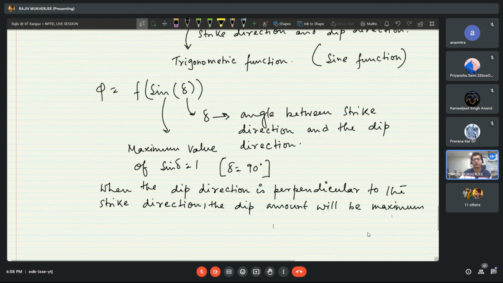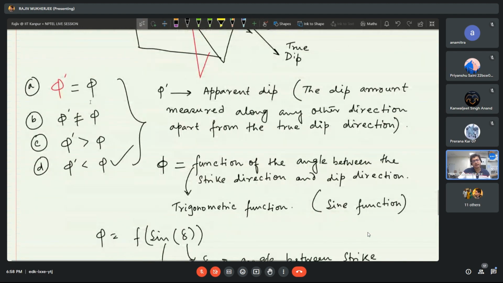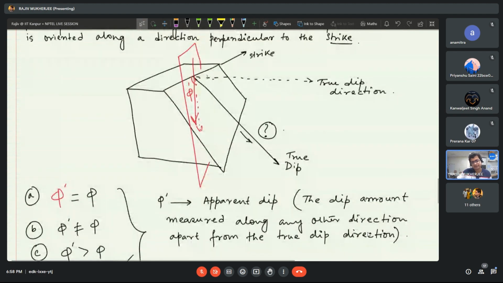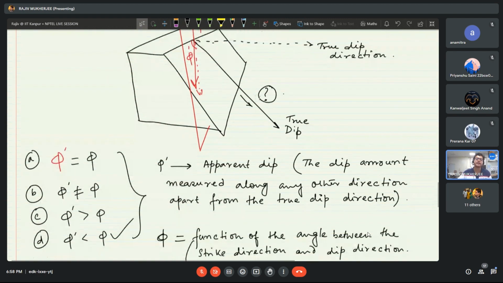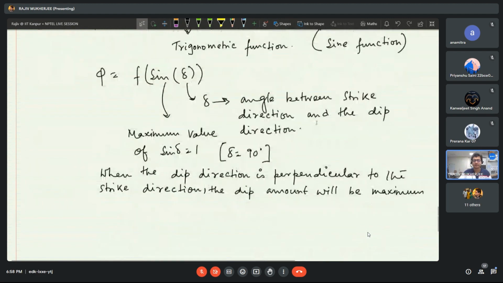And that is what we observe here. When the angle is 90 degree, it is the maximum value of dip. And for true dip, we consider this angle to be 90 degree, right? So that is why the true dip is always the highest dip amount on a plane, right?